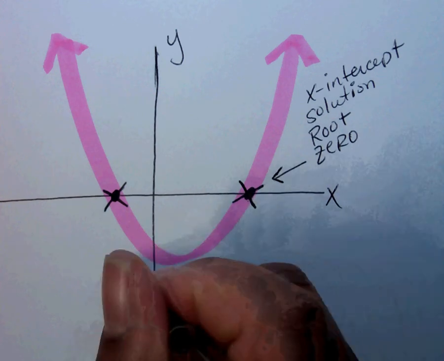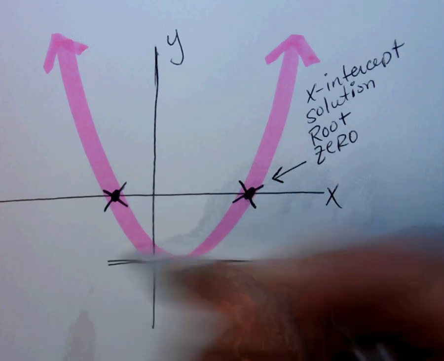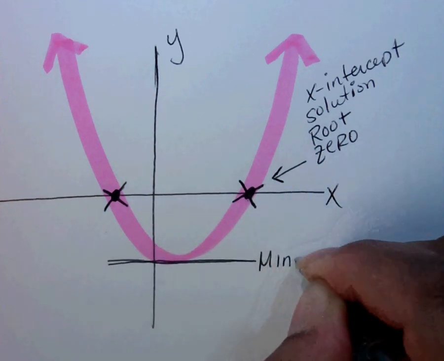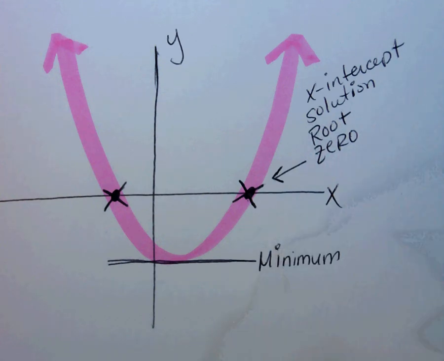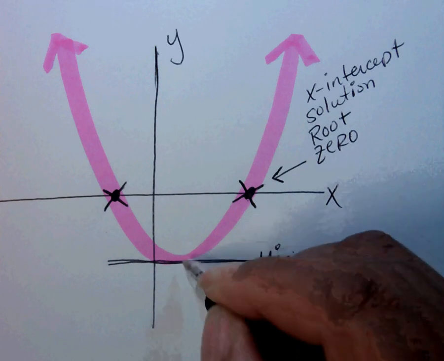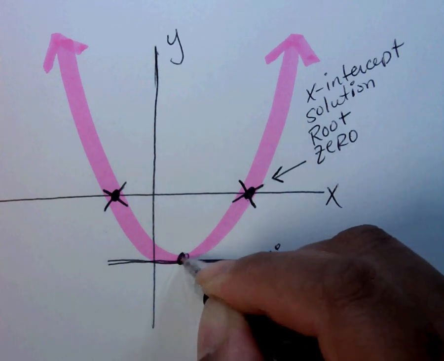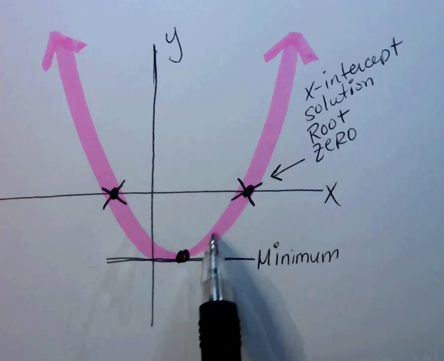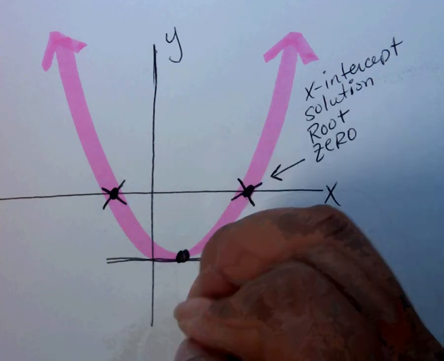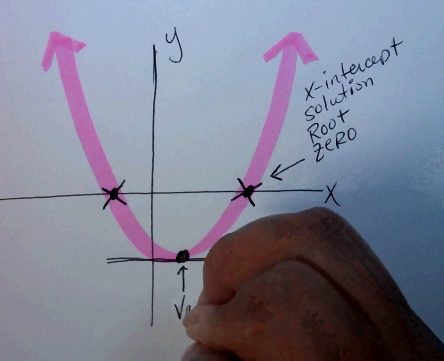This is called, because it's at the bottom, the minimum. And the very bottom of that, the very tail end, that is called the vertex.